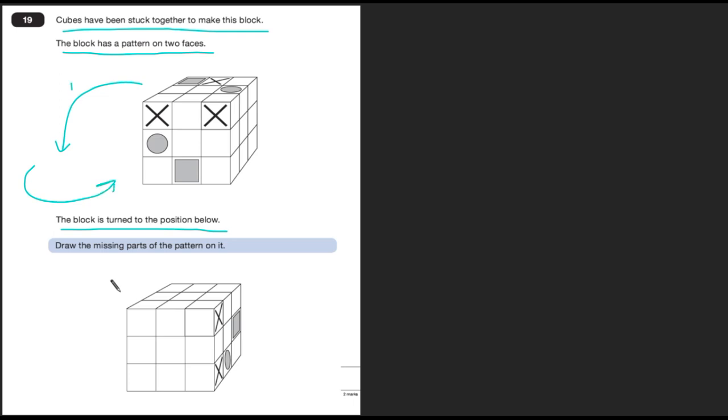So this is action number 1 and this is action number 2. When you rotate this way, this goes the other way, so this corner square will come here. And above there is a cross and circle comes here. That's all you need to do, right? So that's the 2 marks question.